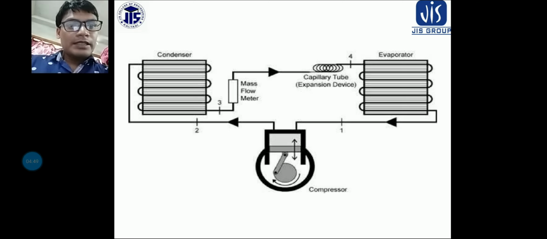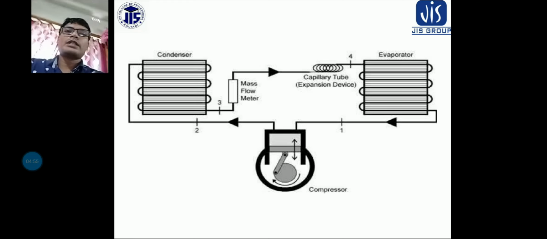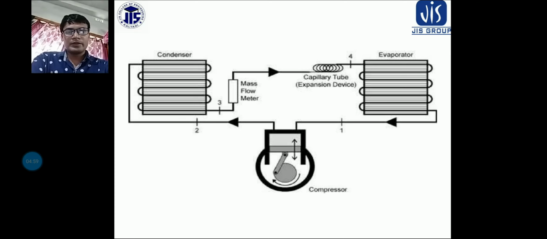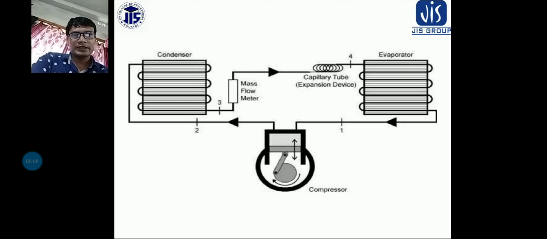In this figure you can see the compressor taking low pressure, low temperature vapor ammonia or refrigerant from the evaporator section and sending it to the condenser.